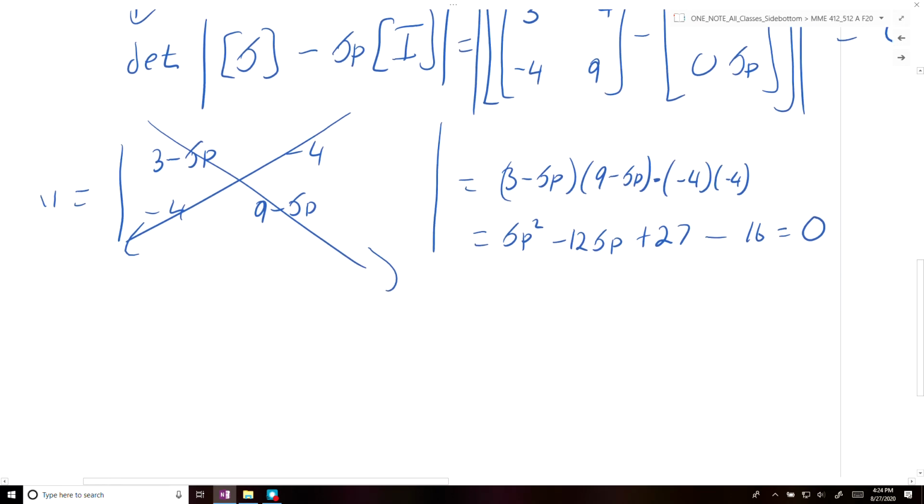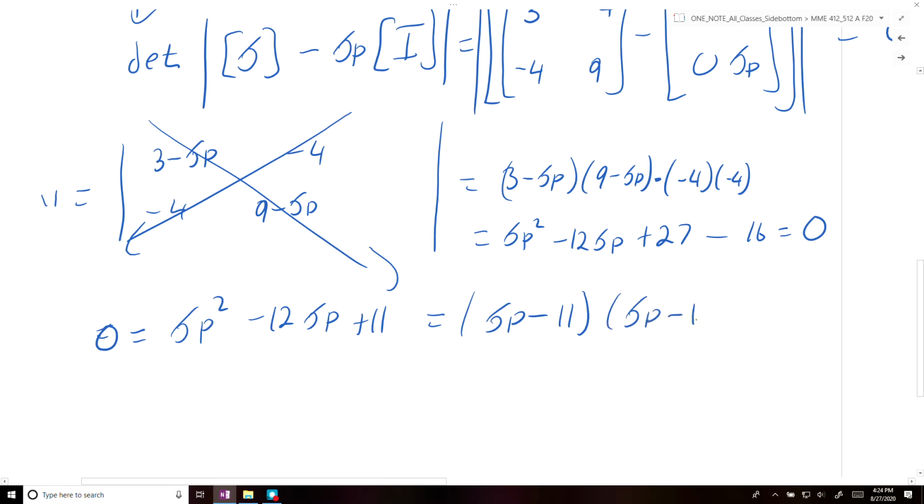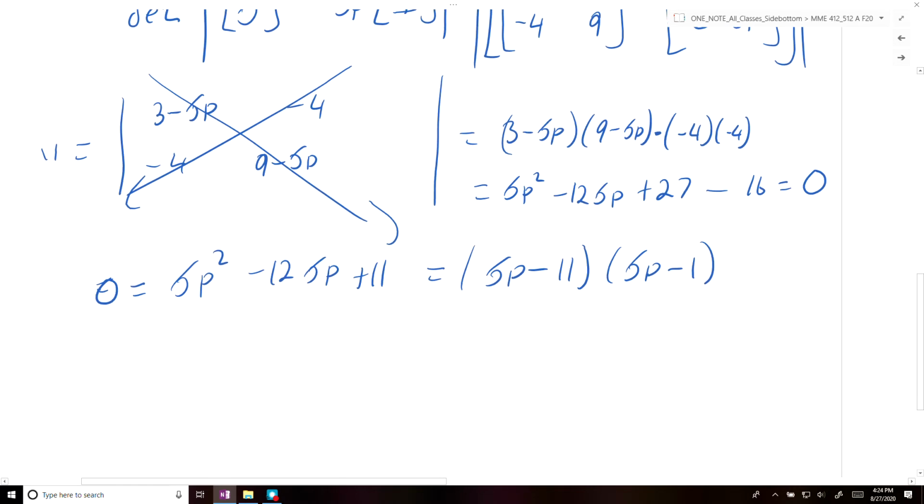If we rearrange and simplify this equation, we get 0 equals sigma p squared minus 12 sigma p plus 11. We can factor this into sigma p minus 11 times sigma p minus 1.